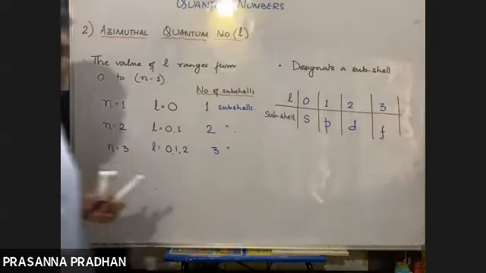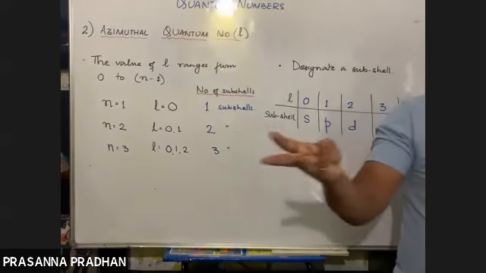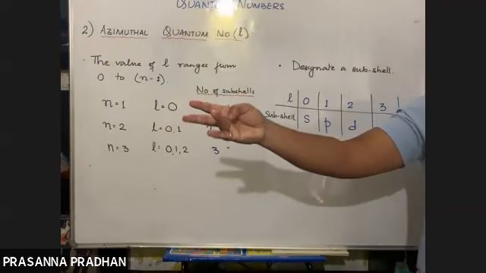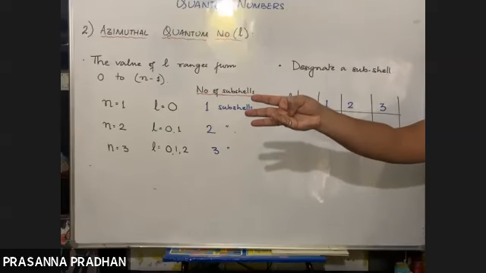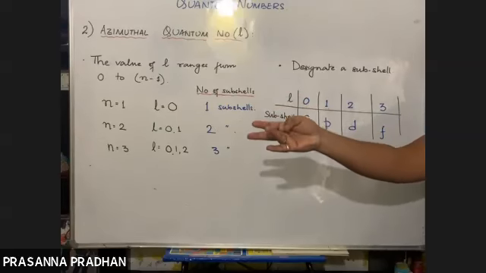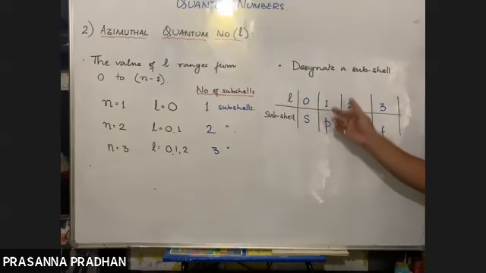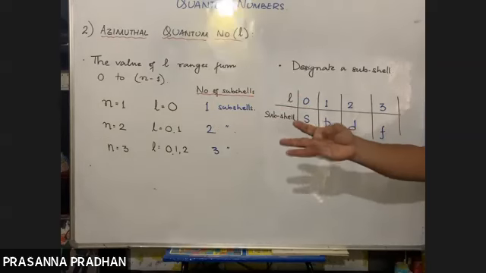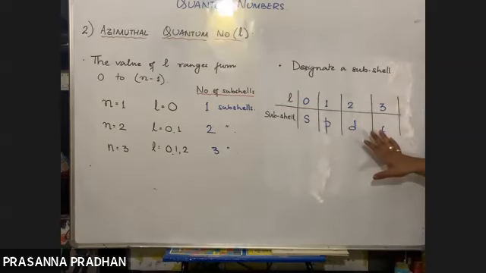So we remember it this way: l equals 0, 1, 2, 3 is s, p, d, f. Got it?